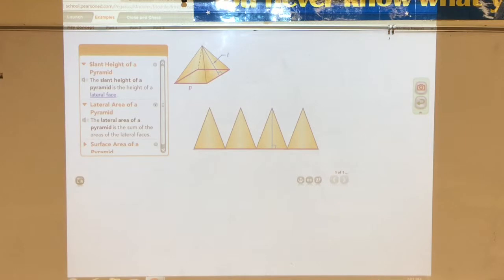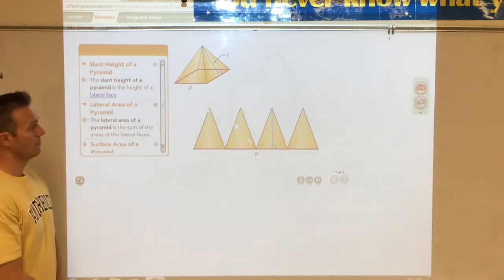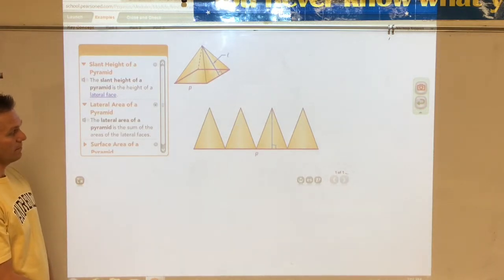Notice that the lengths of the bases of the triangles added together equals the perimeter of the base of the original pyramid. And the height of each triangle is the same as the slant height of the pyramid.